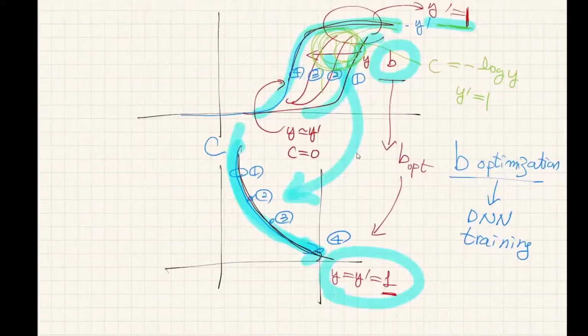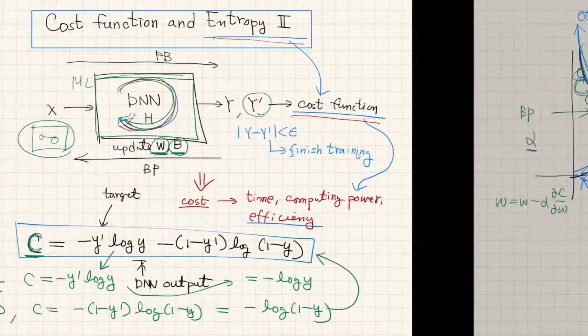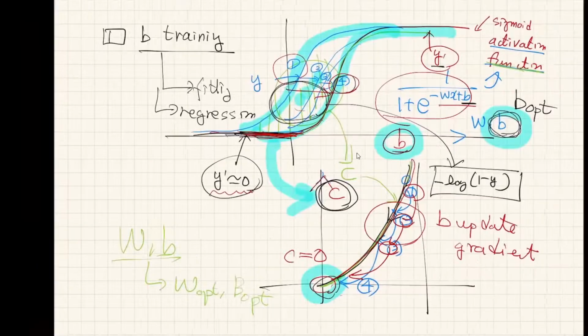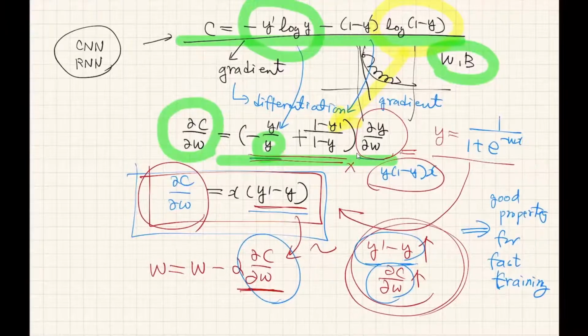At the beginning of my class today, I mentioned that the choice of the cost function will affect the efficiency, especially the time and cost of your training process. One of the requirements of your cost function is that you complete your training as fast as possible with minimal error. Here you can see that this gradient slope determines the training speed.